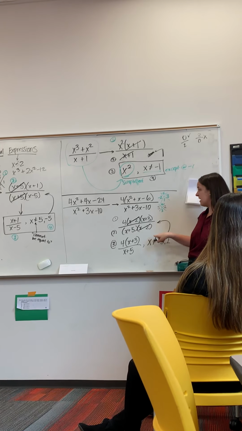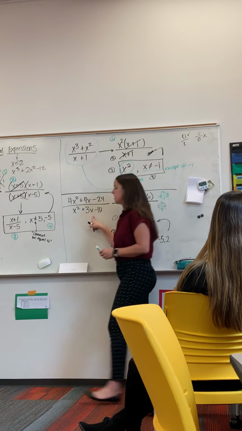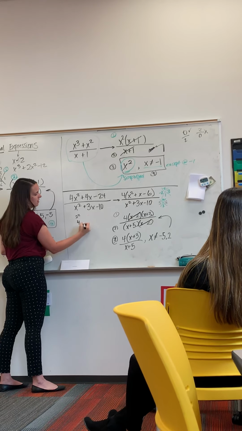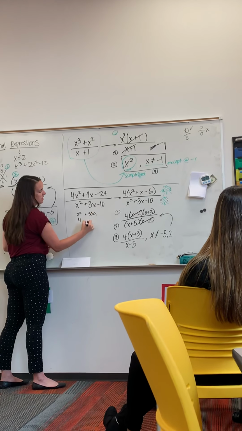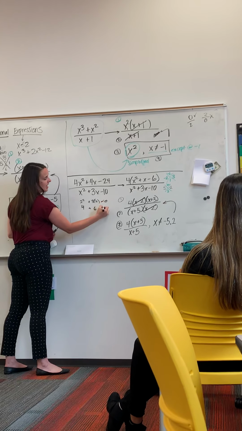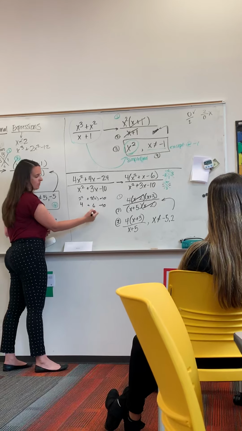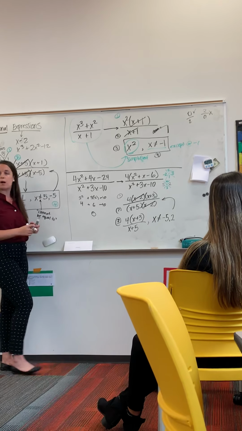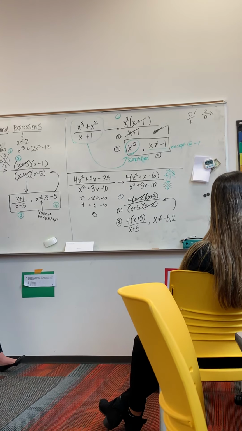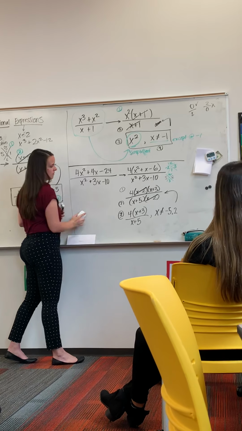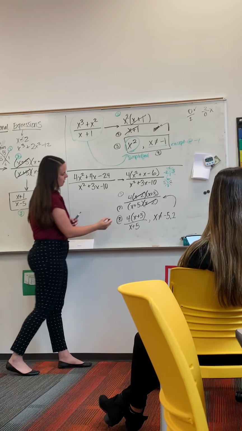Remember that if we put 2 in here, 2 squared is 4, plus 3 times 2 is plus 6, minus 10. 4 plus 6 is 10, minus 10 would be 0. So 2 would be a problem as well. So our excluded values always have to go back to step 2.